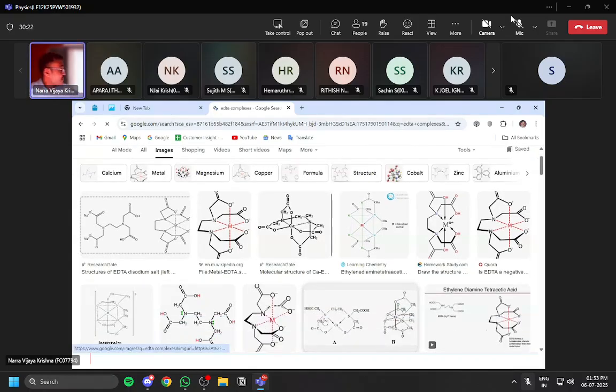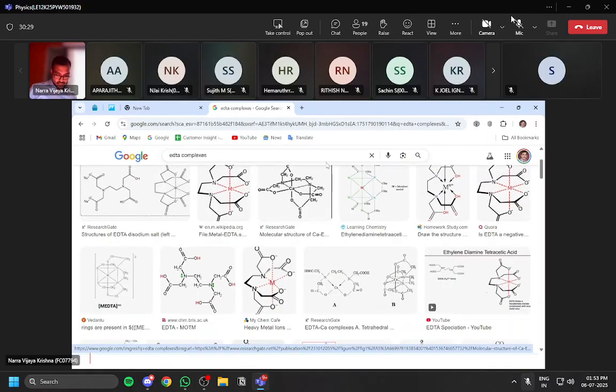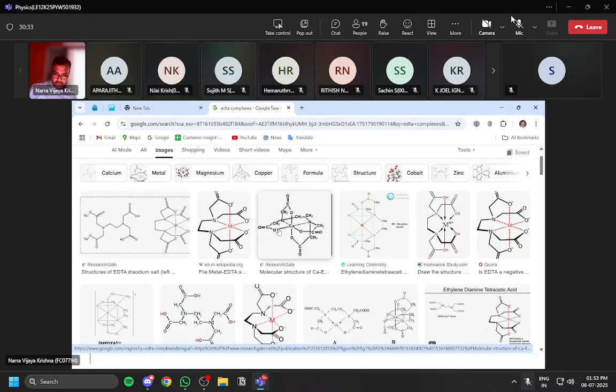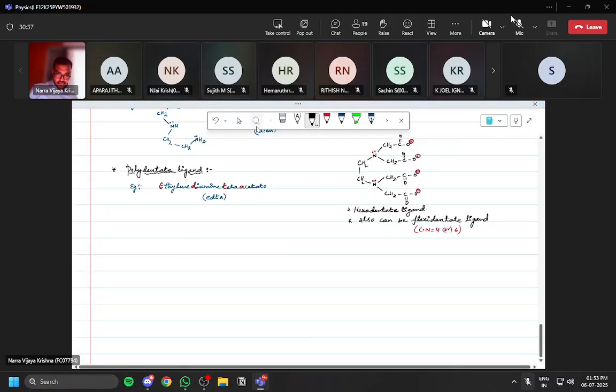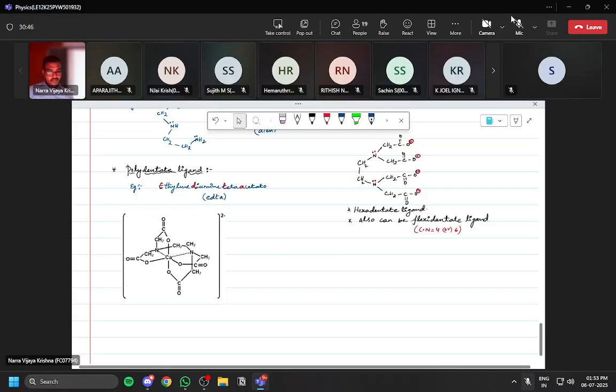So with calcium, EDTA is forming a complex, right? This is the central metal atom, calcium.